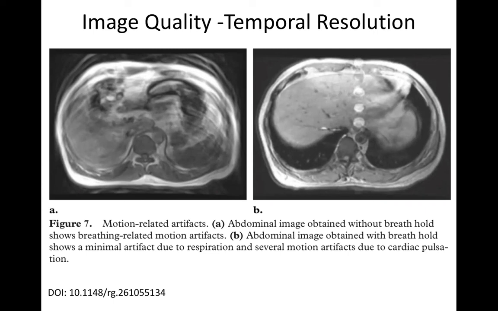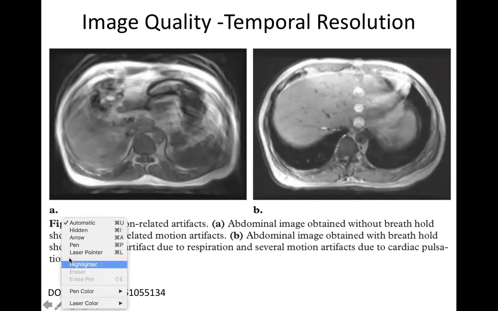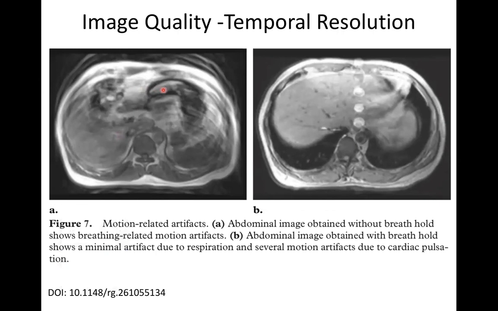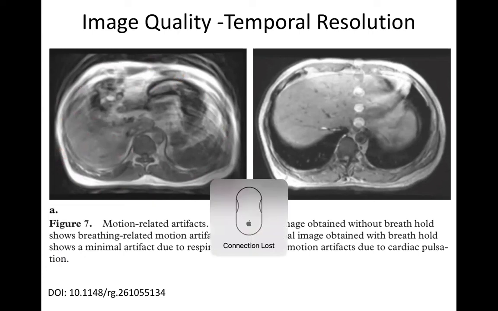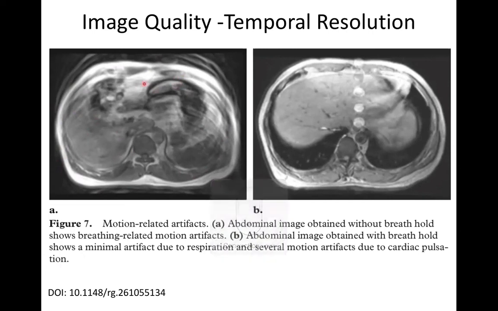But you can see on the left here, basically an axial image containing the liver of a patient, in which the patient in MRI was allowed to breathe at will, right? So there's no gating to that person's breathing.